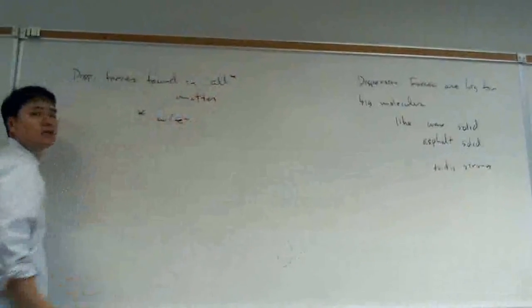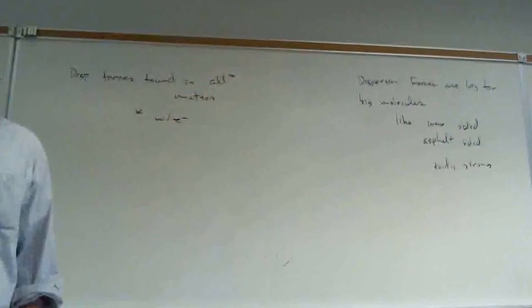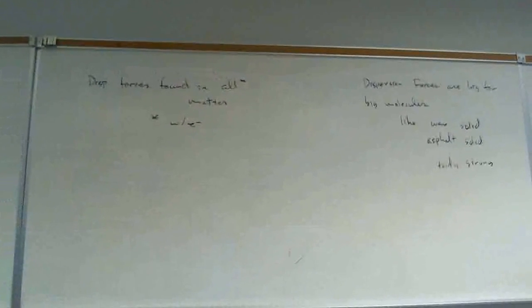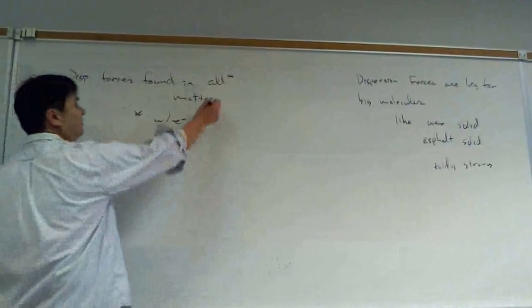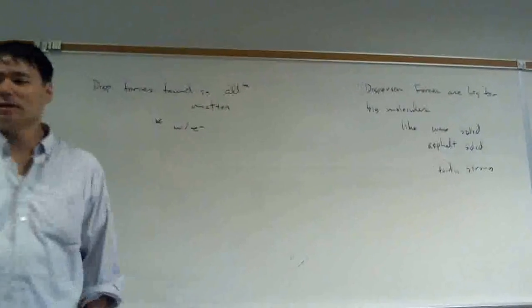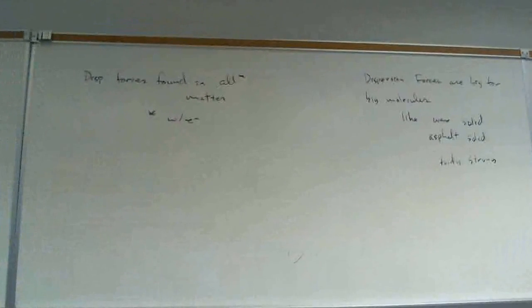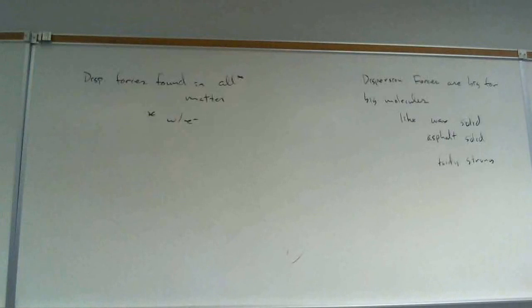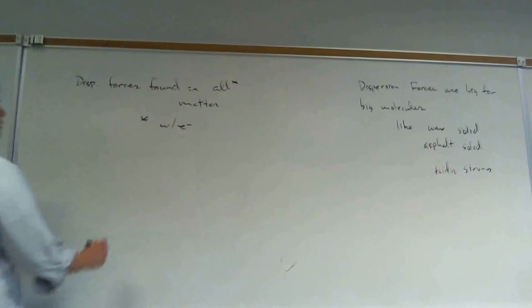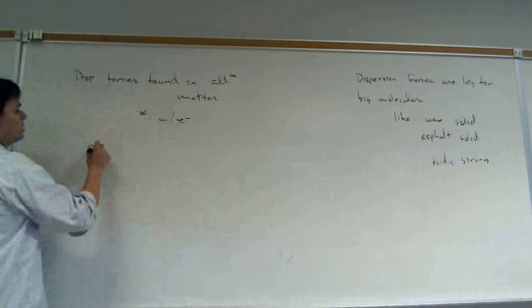It has to have electrons, otherwise you can't polarize the electron cloud. And so when somebody asks you what the intermolecular forces are, one for sure is going to be dispersion or London forces. Everything has it. But there could be other forces present as well.